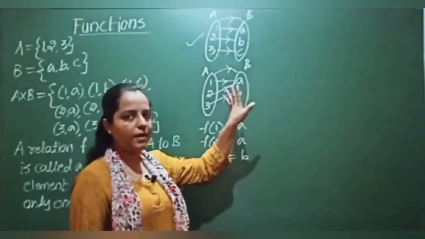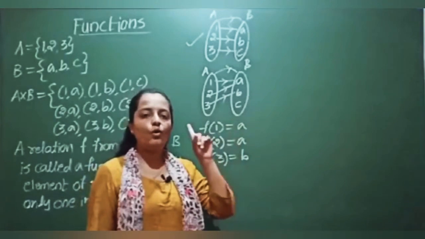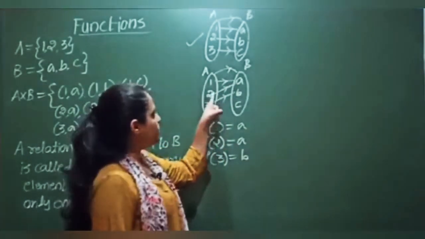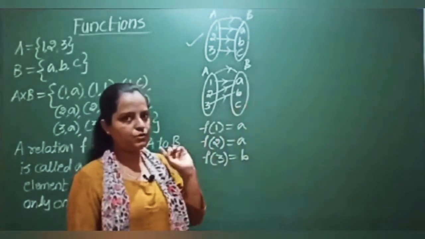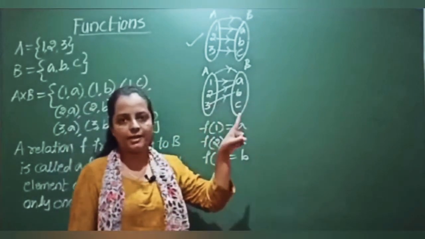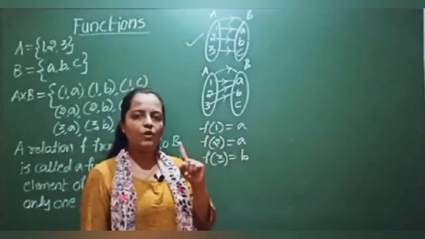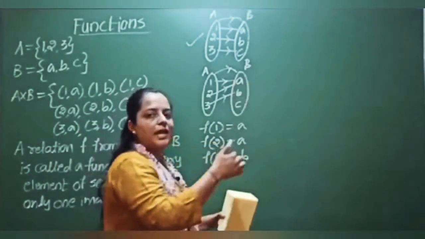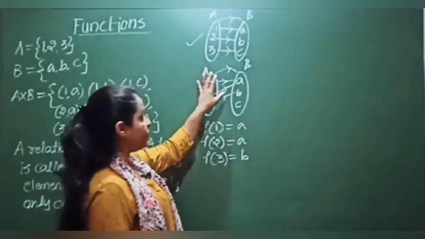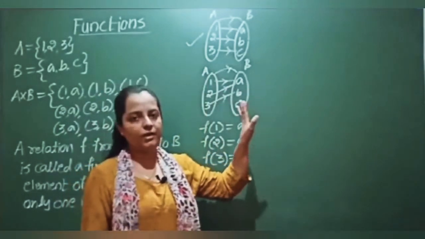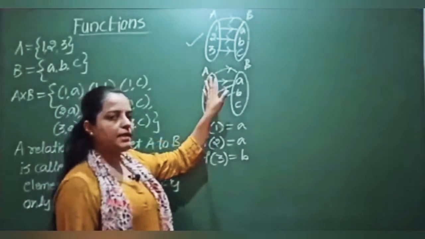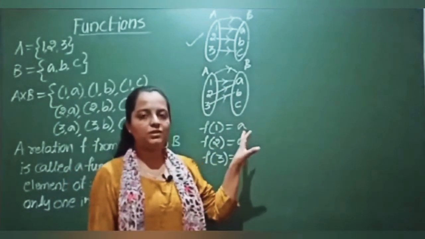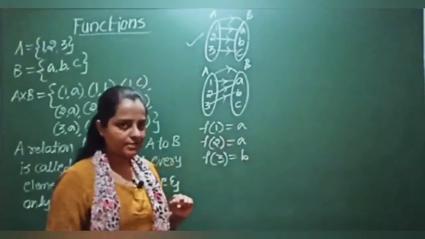That is not a problem, but every element should have only one image. And any element left over in the codomain does not matter to us, because every element in set A should map to some element of set B. So this type of relation we call a function.